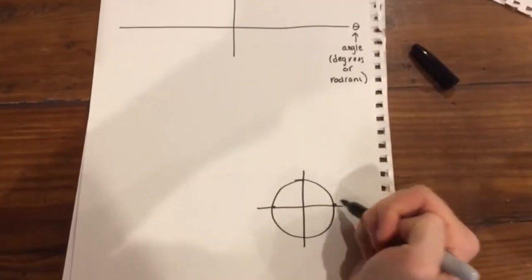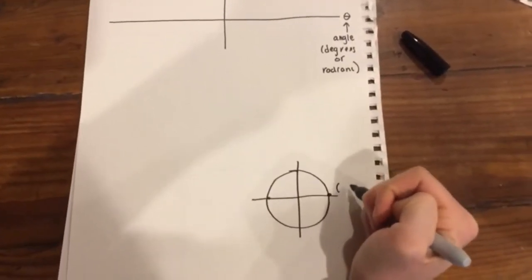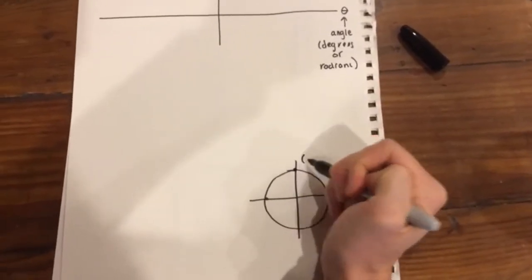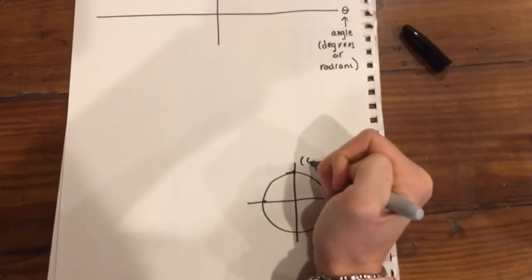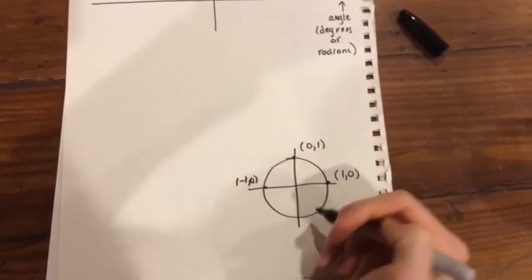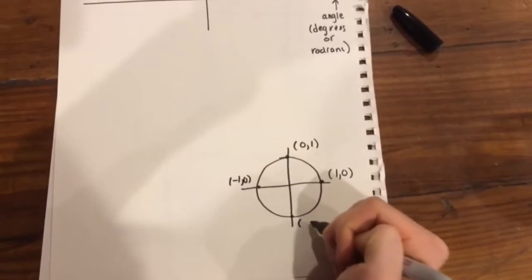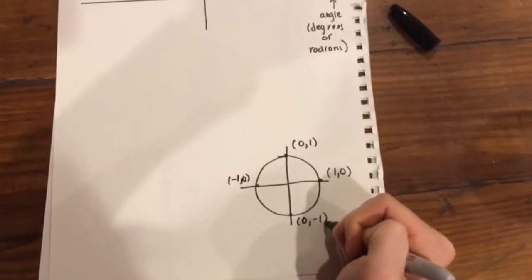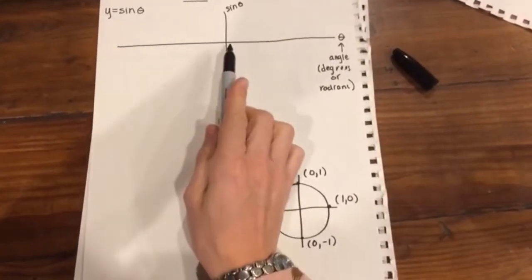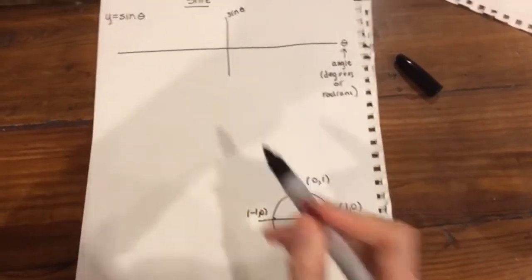I'm going to think about 0 radians, which has a coordinate of (1, 0). I'm going to think about pi over 2, which is (0, 1), pi, (-1, 0), and 3 pi over 2, (0, -1).